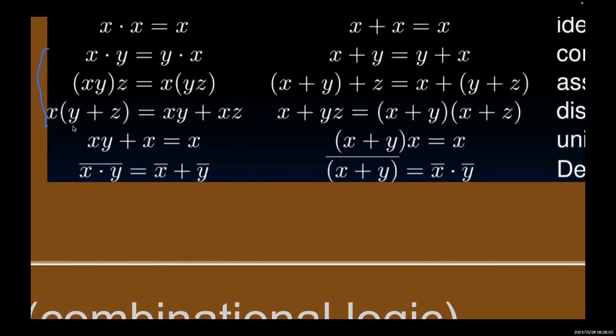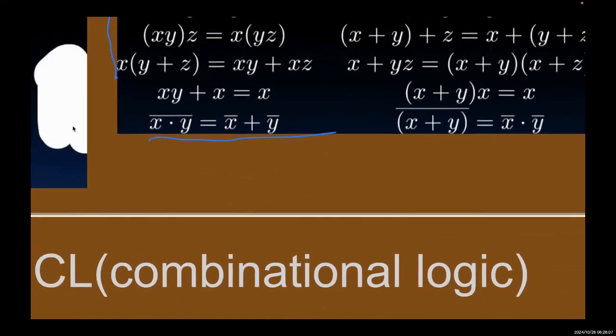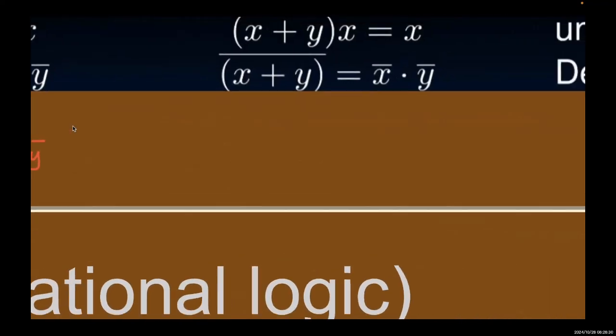And the final one is De Morgan's law, which is that you can take the not hat, cut it, and change the notation here. You can turn this into this, and you can also do it like this.